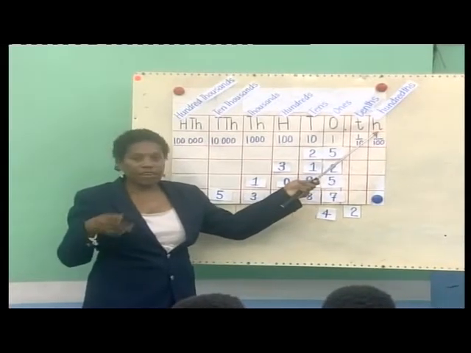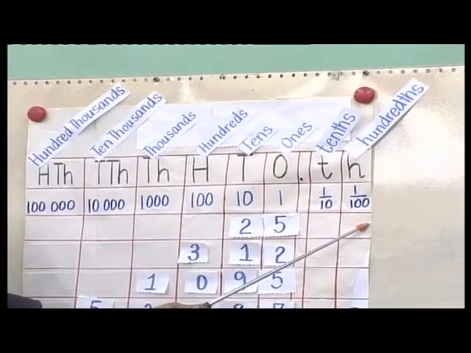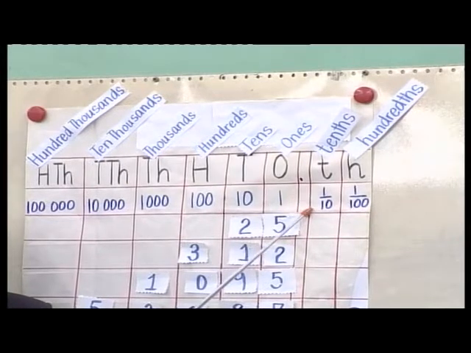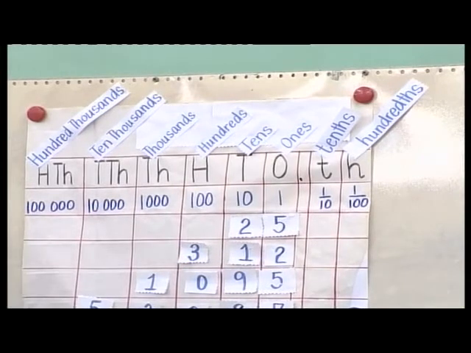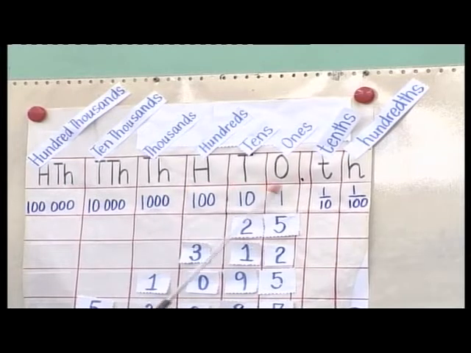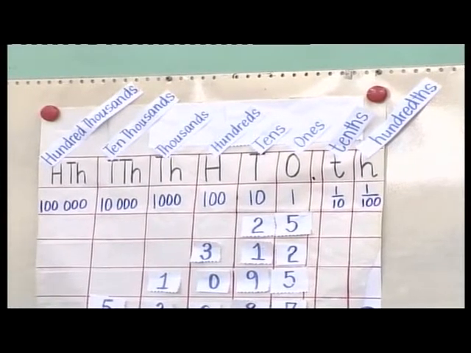Same with hundredths, 1 over 100. After the ones, you have a point, and then you have these fractional numbers. They are smaller numbers. So remember, you are going from bigger all the way to smaller numbers. Is that clear, class and receiving students?